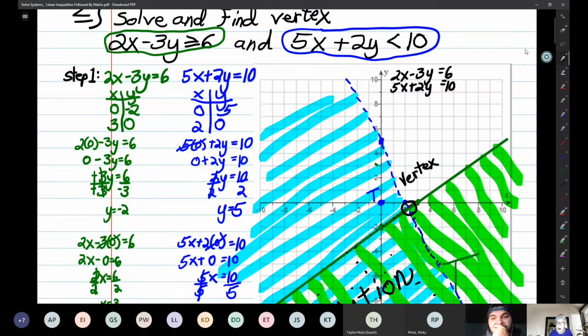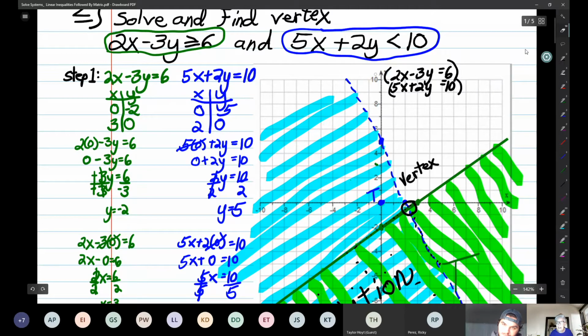Now, if I were to multiply this whole line by 5, and this whole line by -2, I didn't have to do that. In fact, an easier way, always go for the easier way. It would be easier here.